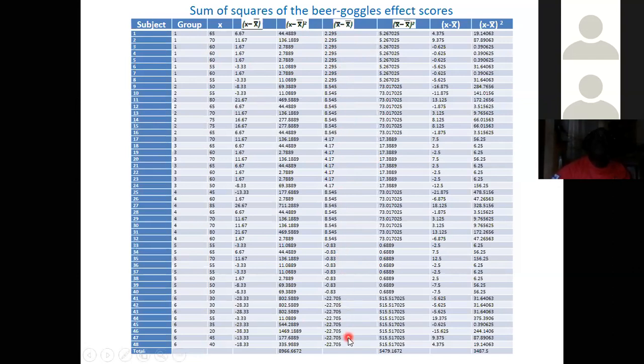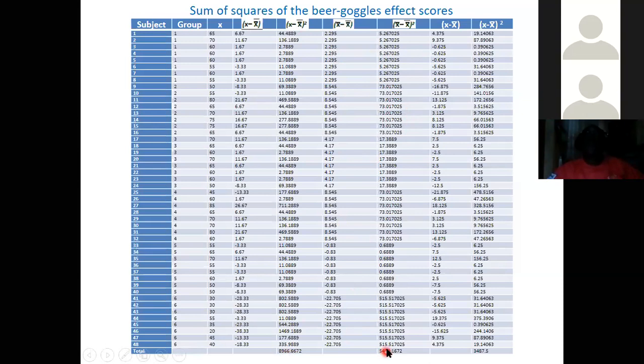When you remove the grand mean from the mean of that group, it gives you this value. When you square it and sum it together, that will be the sum of square for the between, which is the model, which is 5,479.1672. Remember that the total sum of square is 8,966.